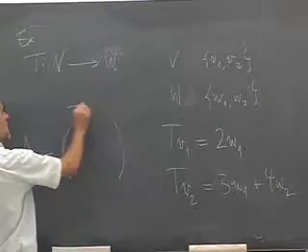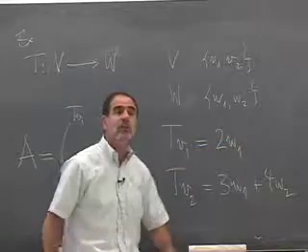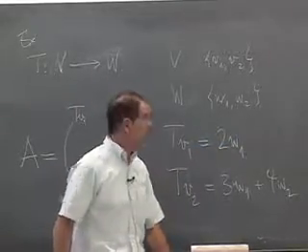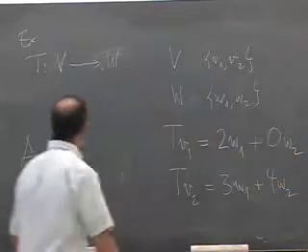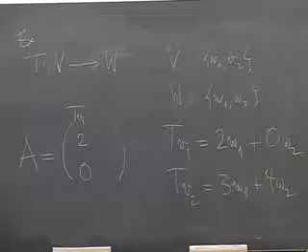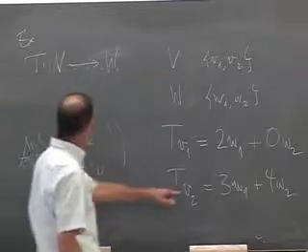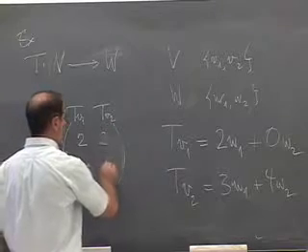In the first column, I put the coordinates of T v1 in terms of the basis w1, w2. So you have to see this as 2w1 plus 0w2. So the first column would be 2, 0. The second column, T of v2, would be 3, 4.